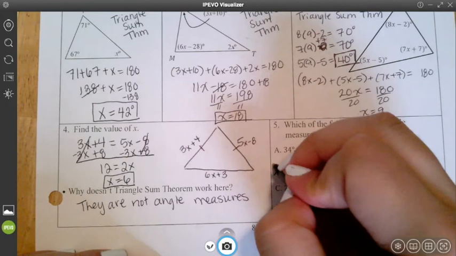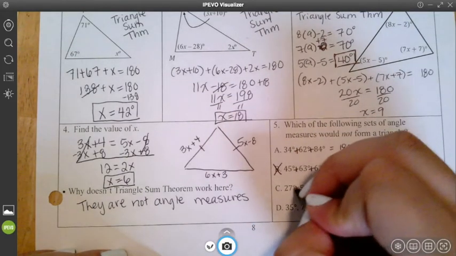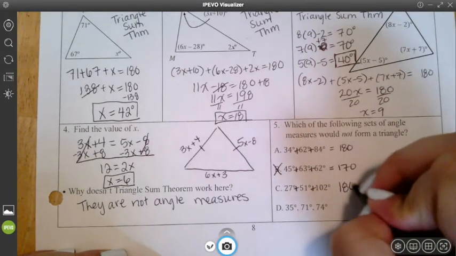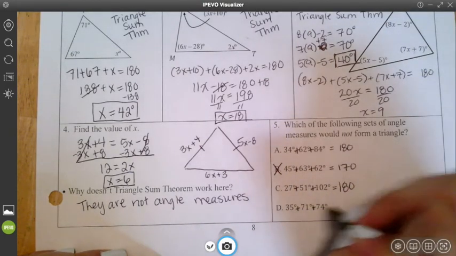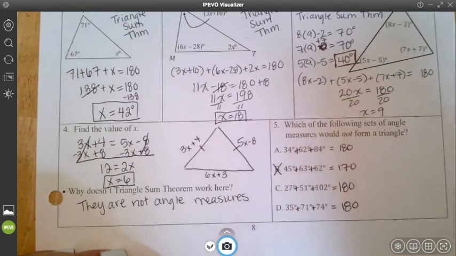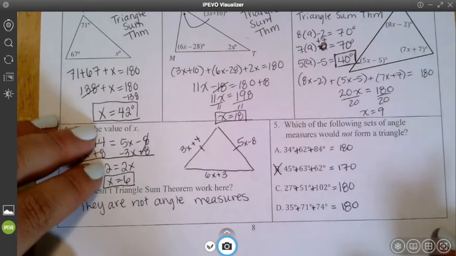That is not a triangle. 27 plus 51 plus 102 gives 180. And 35 plus 71 plus 74 equals 180. So it was only B. B is the only one that does not form a triangle. Let's look at the next page.